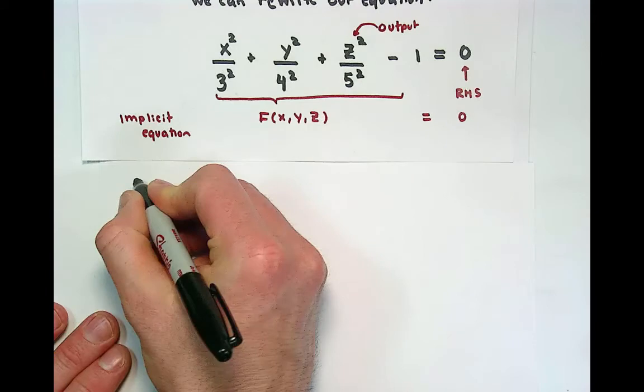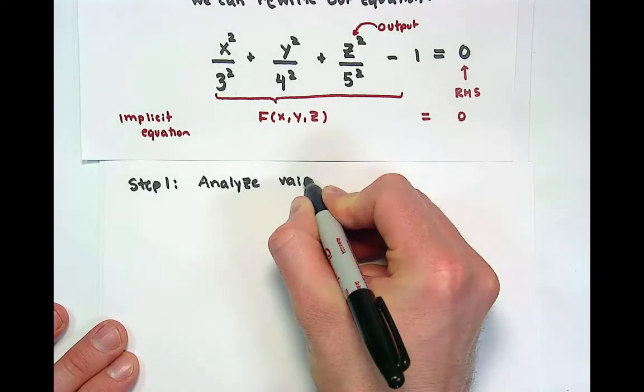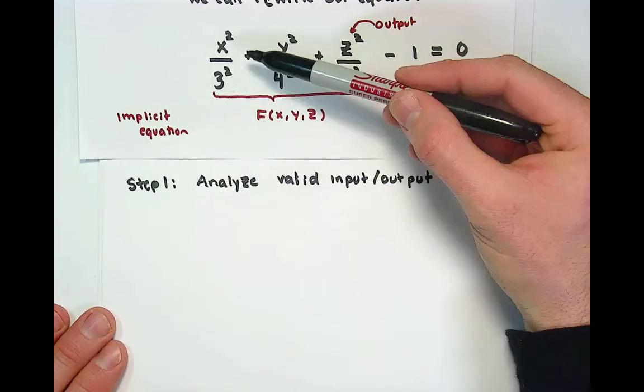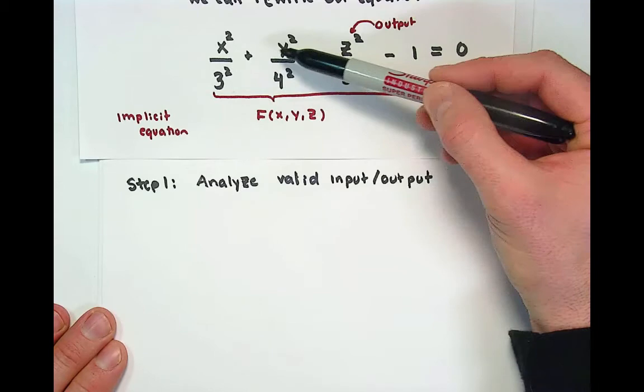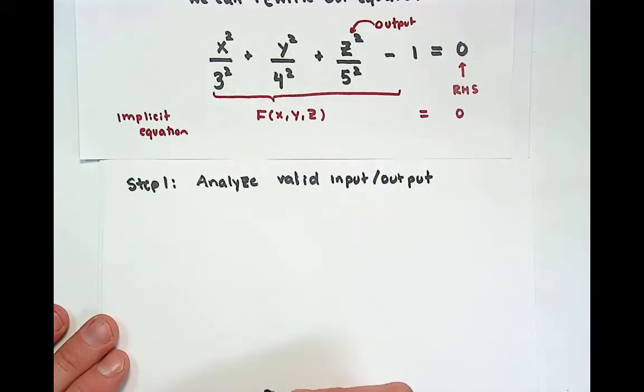Let's start with the first one of these, which was to analyze valid input and output. We really are looking for what limitations we have on x, y, and z.